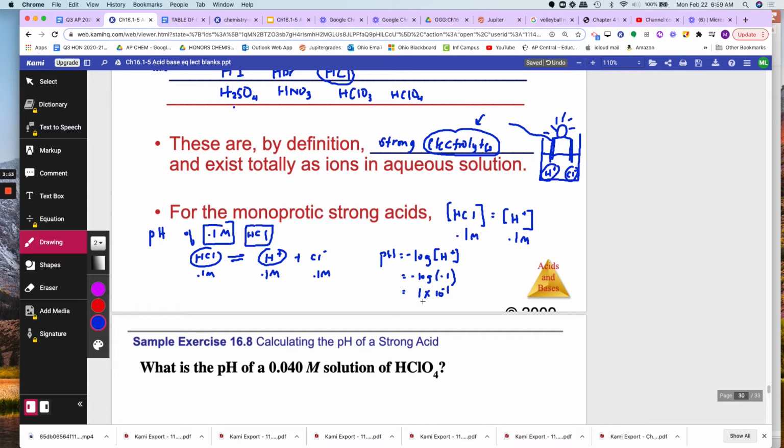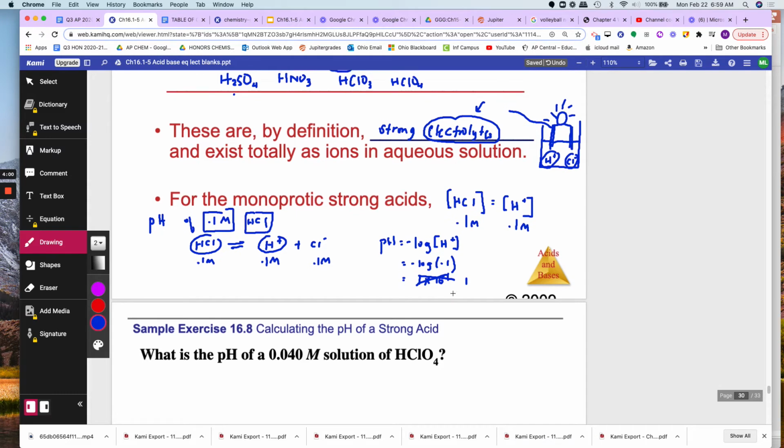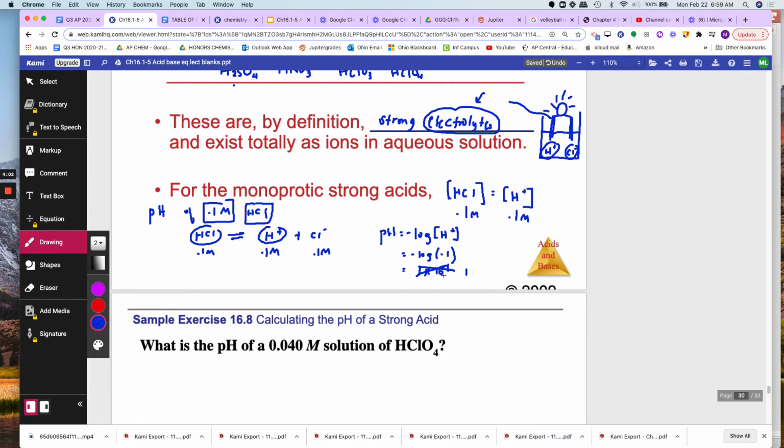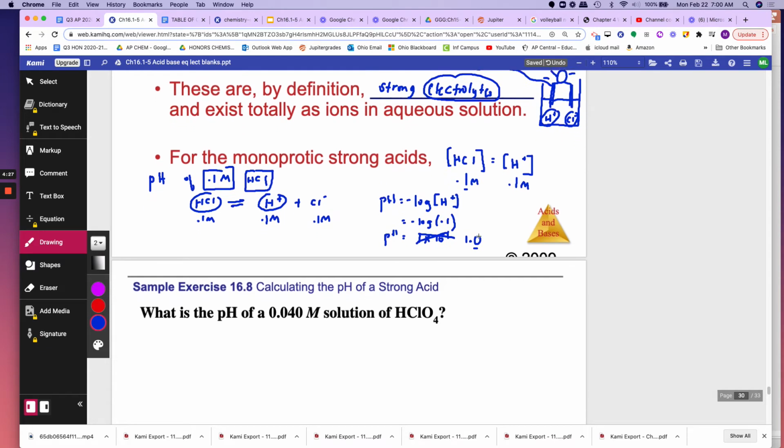Okay, in terms of significant figures, the pH will be 1. 0.1 has 1 significant figure, so you should really put 1 significant figure right there. That has 1 log numbers. The significant figures are after the decimal point. If you haven't watched the videos on pH, significant figures, and H+ and Kw, you must watch them before we go on. It will get very confusing if you don't.